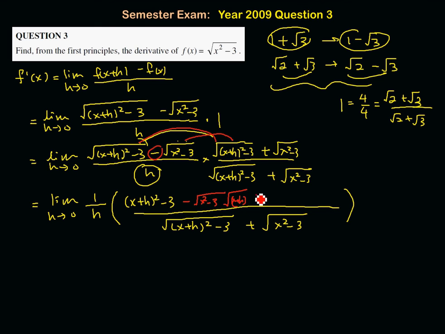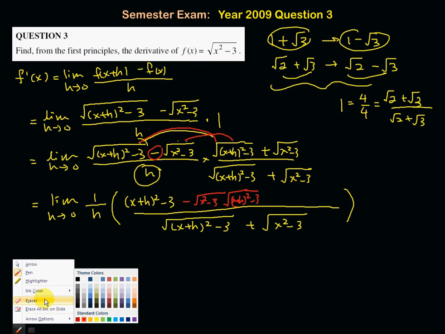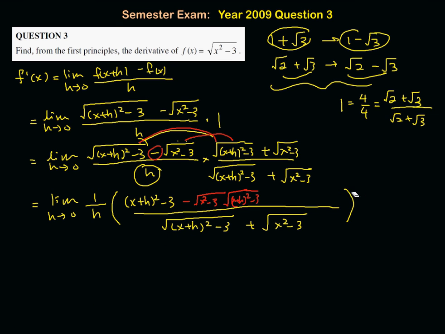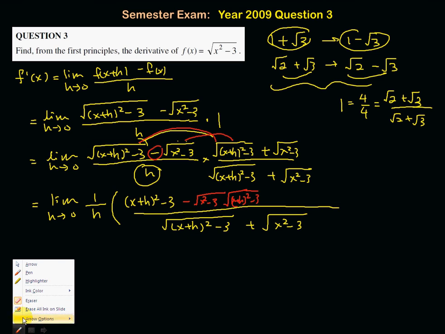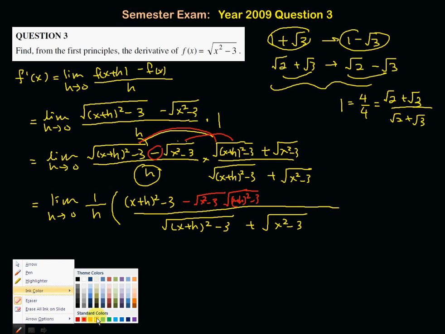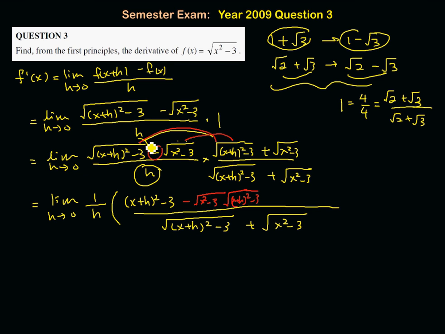Mind my writing. I think I need more space, so I rub this off. Let me get the yellow back. Then this times this is going to be positive, the square root of x squared minus 3 times the square root of (x plus h) squared minus 3.